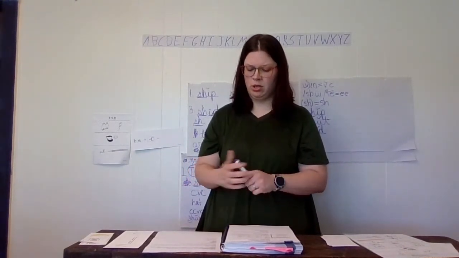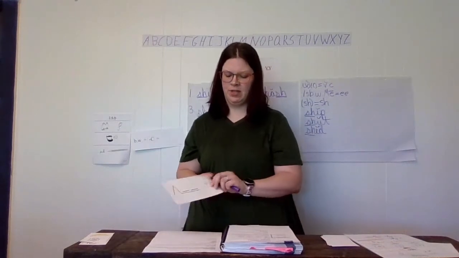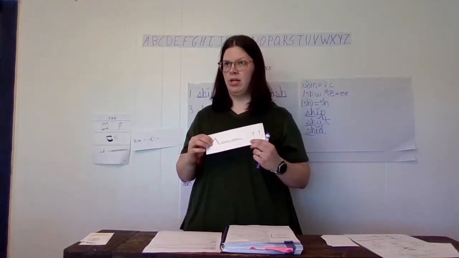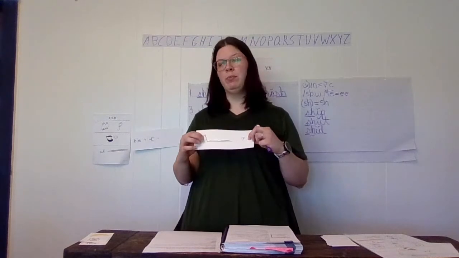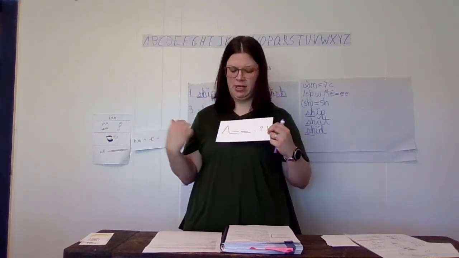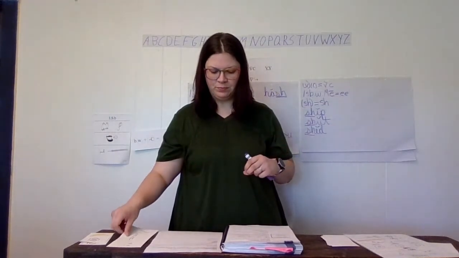So we are going to talk about our sentence structure one more time. We know that a sentence begins with a capital letter, ends with a punctuation mark, has a subject and a predicate, and expresses a complete thought.